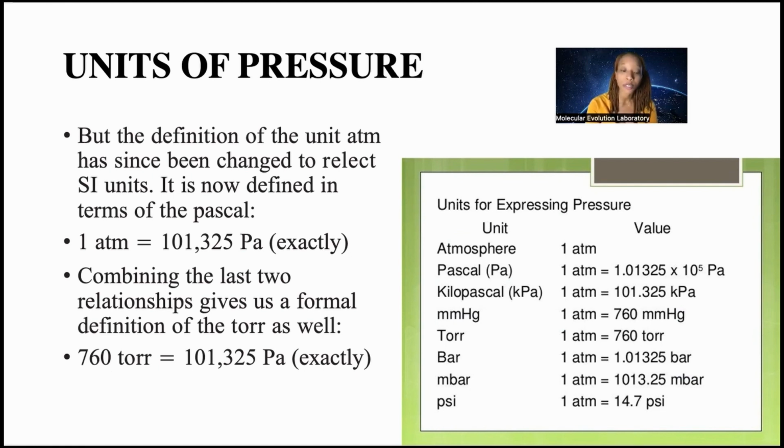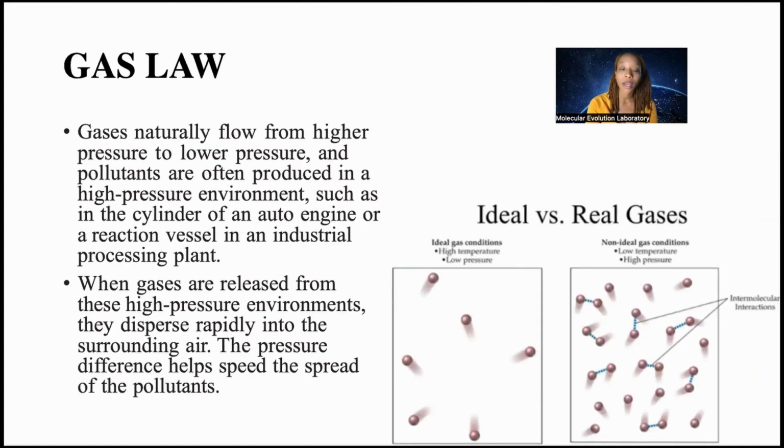So 1 atmosphere is 101,325 Pascal exactly. Combining the last two relationships gives us a formal definition of the torr as well. So 760 torr is equivalent to 101,325 Pascal.